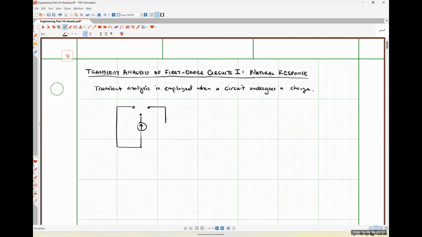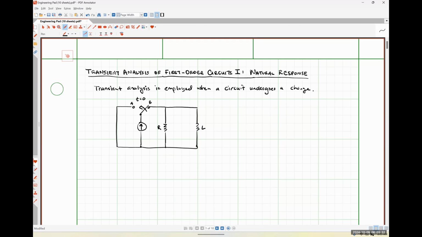And let's put over here just some resistance R in parallel with some inductance L, like so. And let's say that the switch was closed over here at terminal B at t is equal to 0. The switch changes state and closes at terminal A.